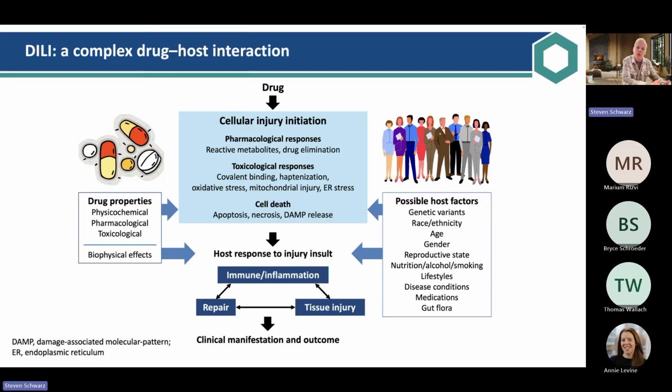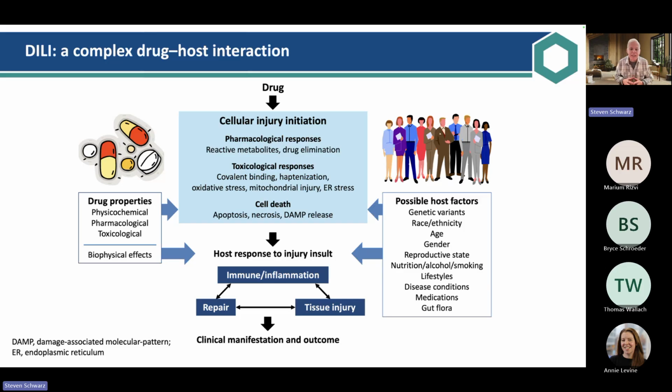Is it idiosyncratic or hypersensitivity? Those are the kinds of questions we need to ask. So you have cellular injury initiation, and there are pharmacologic responses. There could be metabolites which are benign and eliminated, or metabolites which are toxic. We've seen that with acetaminophen.